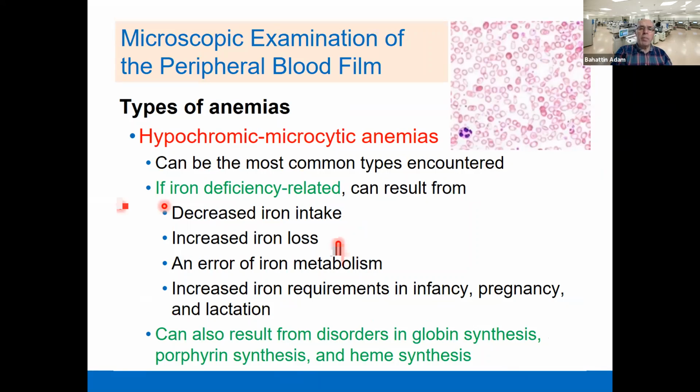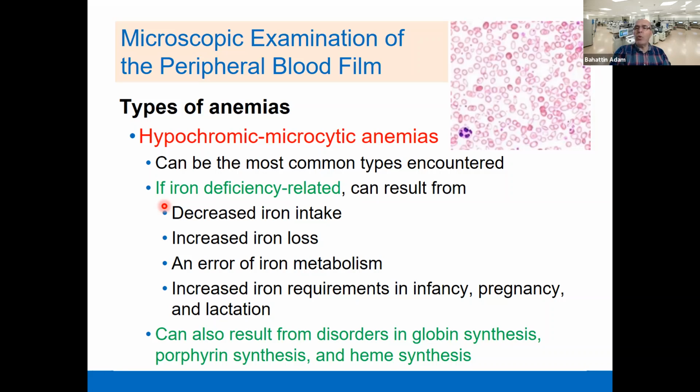Hypochromic microcytic anemia, they are smaller than normal and the staining is not strong, and the causes of such type of anemia may be iron deficiency related anemia or chronic infectious disease.